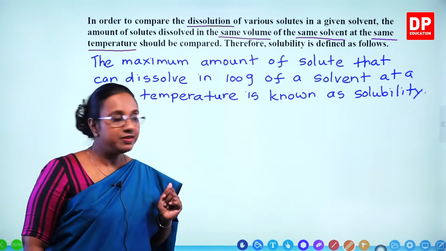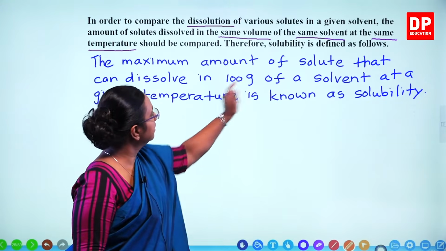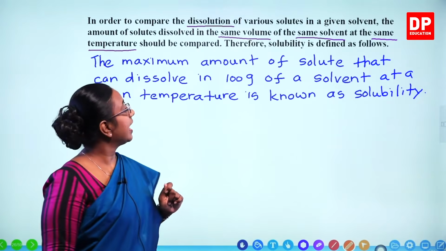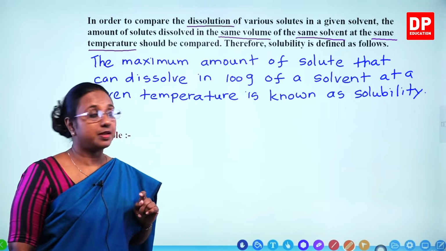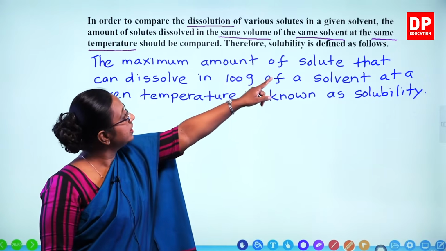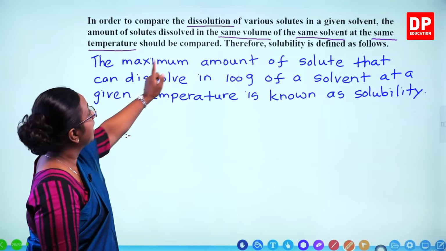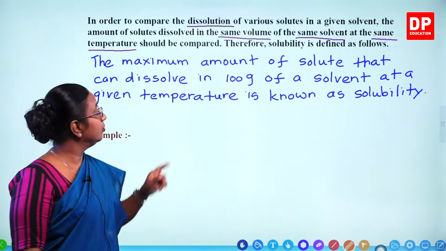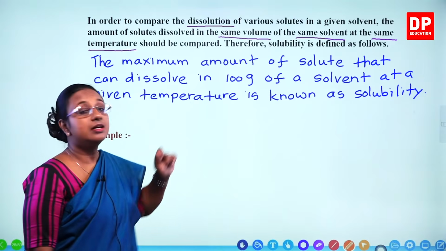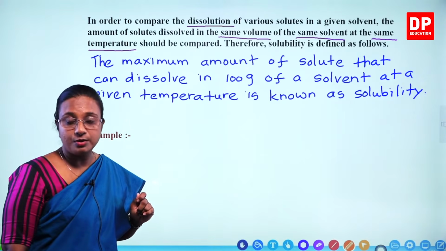In this definition, we fix the amount of solvent as 100 grams and we say at a given temperature. So same solvent, same temperature. In order to say the same volume, here we use the mass of the solvent.